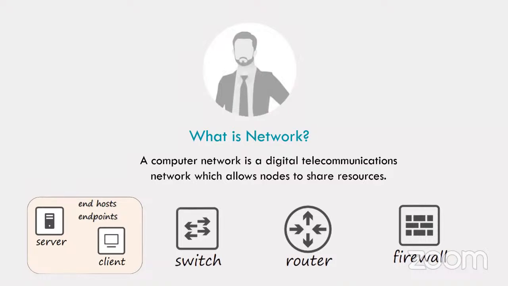If you're connecting two devices for sharing data, it can be as complex as the internet, which is a very big network, or as simple as a Bluetooth connection. At some point in your lives you might have connected your Bluetooth to your phone. That is also a network. A network doesn't mean you should have routers, switches, and so many technical equipment.